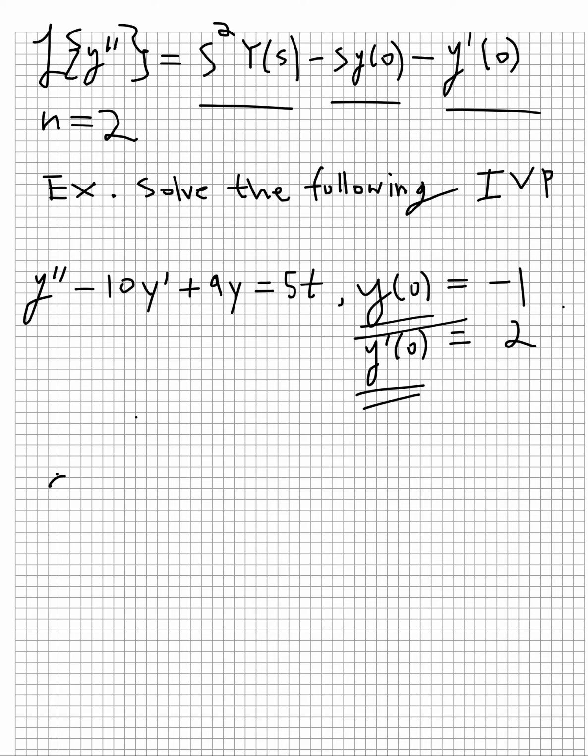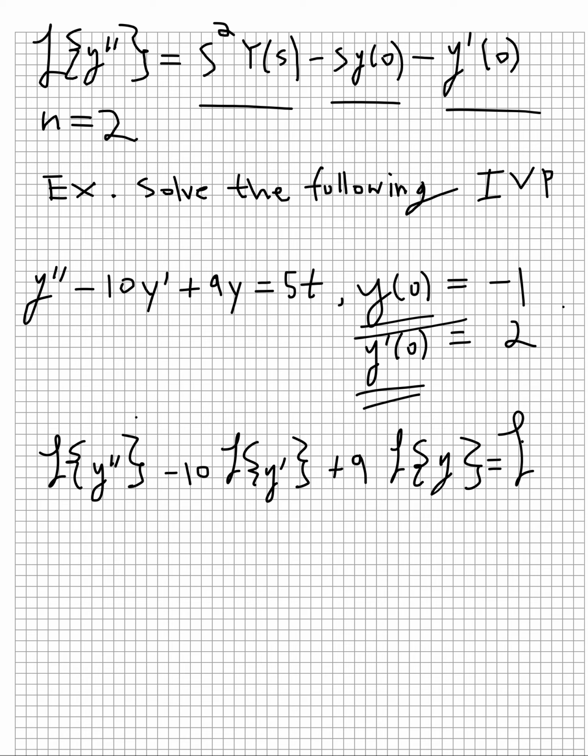So literally, what you'll do is the Laplace transformation of y double prime, minus 10 times the Laplace transformation of y prime, plus 9 times the Laplace transformation of y, equals the Laplace transformation of 5t. And this one probably looks the most familiar to you. You know how to solve that one right away.